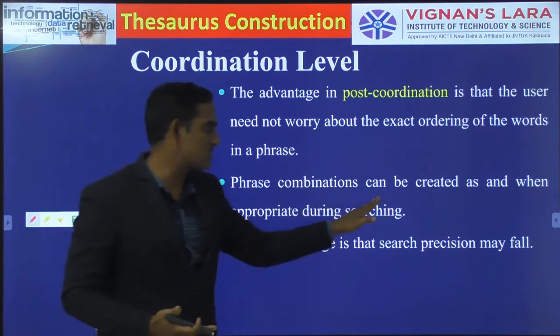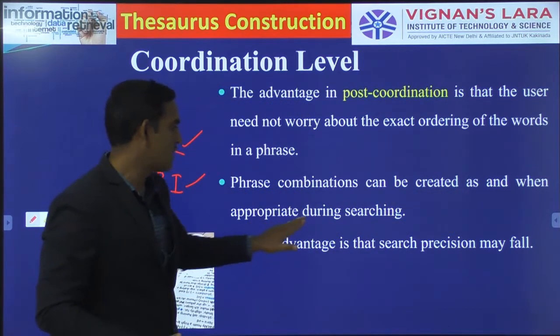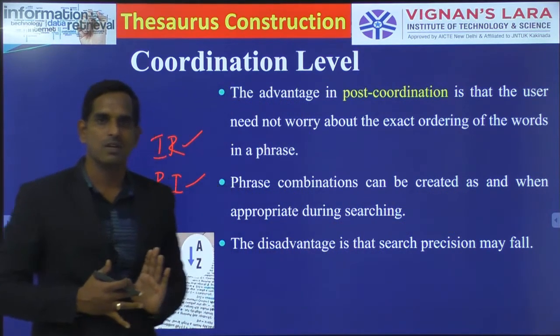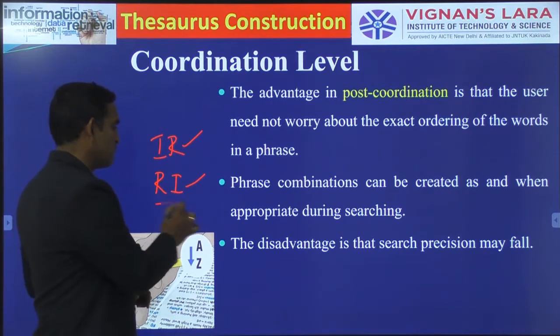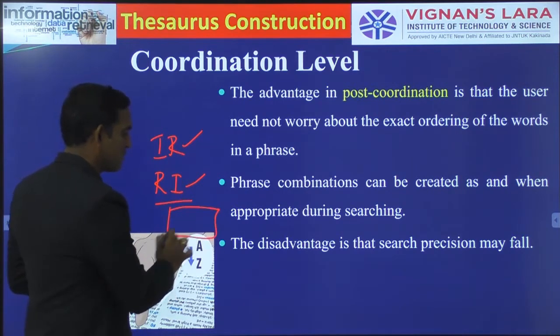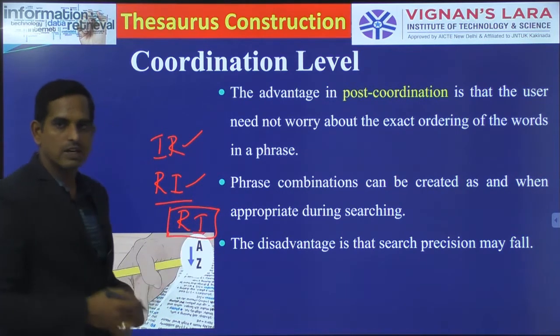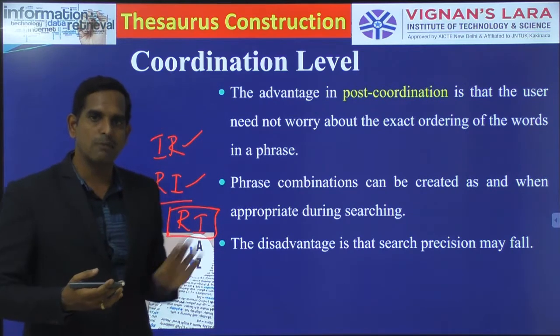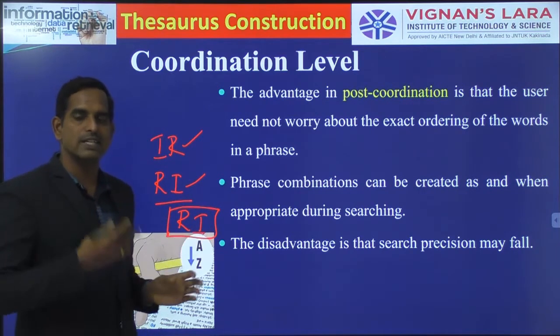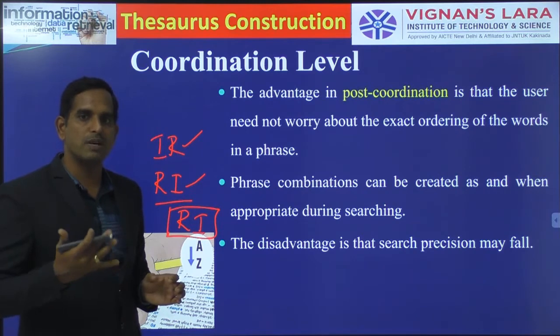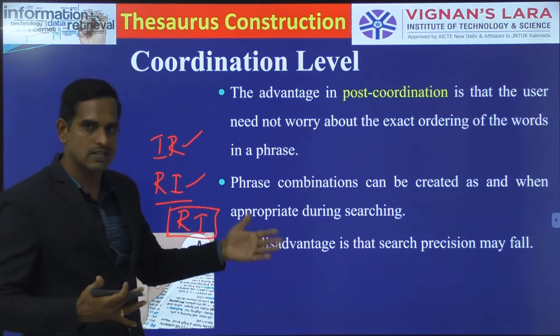So phrase combinations can be created as and when appropriate during searching. When I search for retrieval information, that particular phrase combination will be created in your thesaurus. Phrase combinations will be created during thesaurus searches.